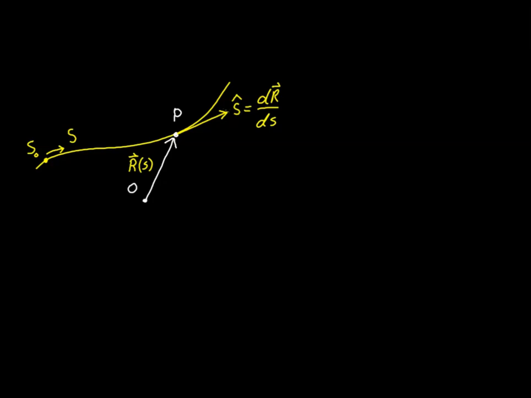So if we have our coordinate system z, which we use as a generic system in tensor calculus, we're going to start by parameterizing our coordinates, and we do it this way. We say that z1 is equal to a function of z1, and the argument of the function is the arc length.